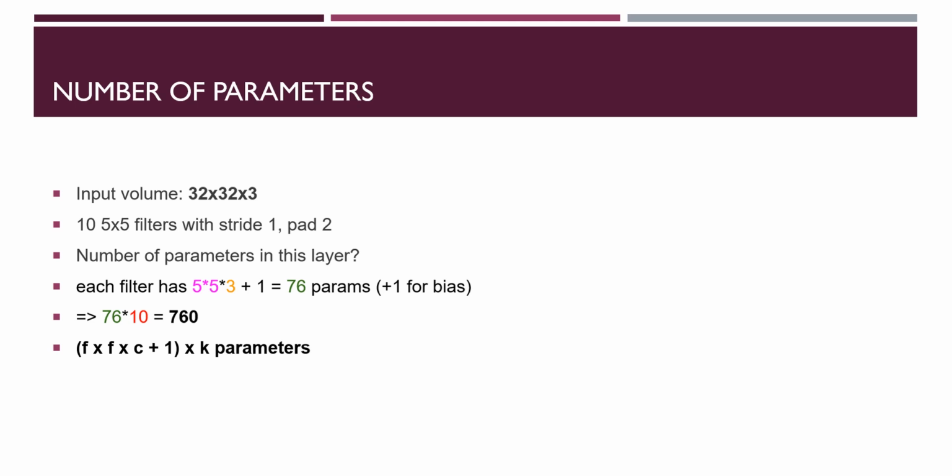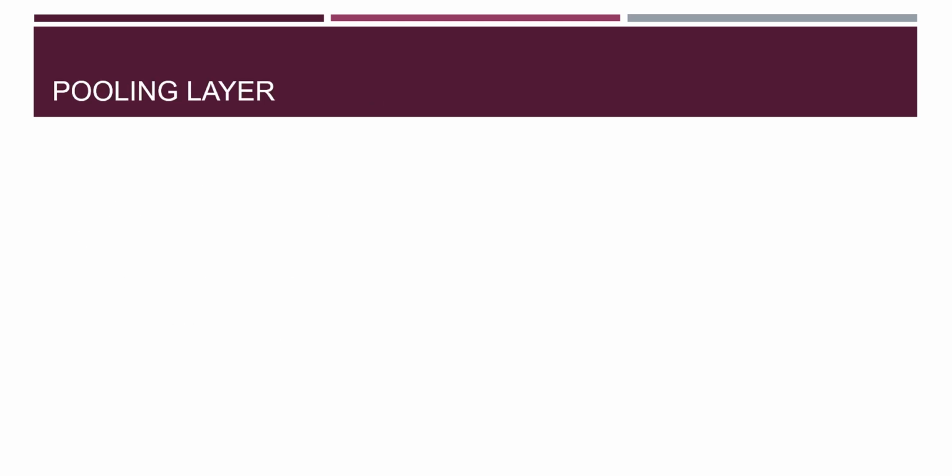The next building block of a convolutional neural network is a pooling layer. So CNNs do not have only convolutional layers, but they also have pooling layers after each convolutional layer. So what do we understand by this pooling layer?